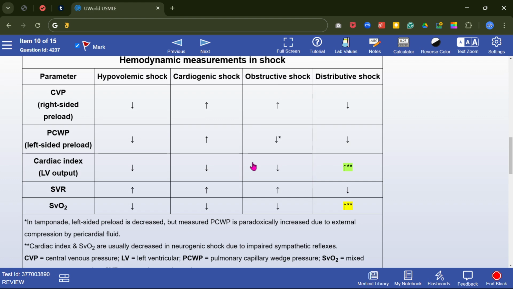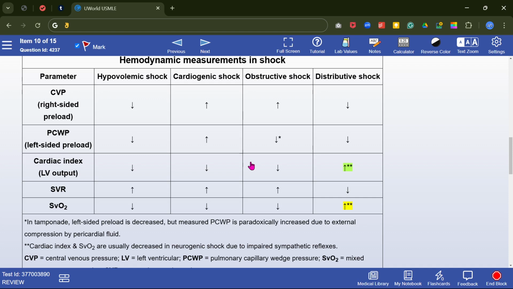The distributive shock is divided again into sepsis and anaphylaxis. So these two are high in distributive shock.